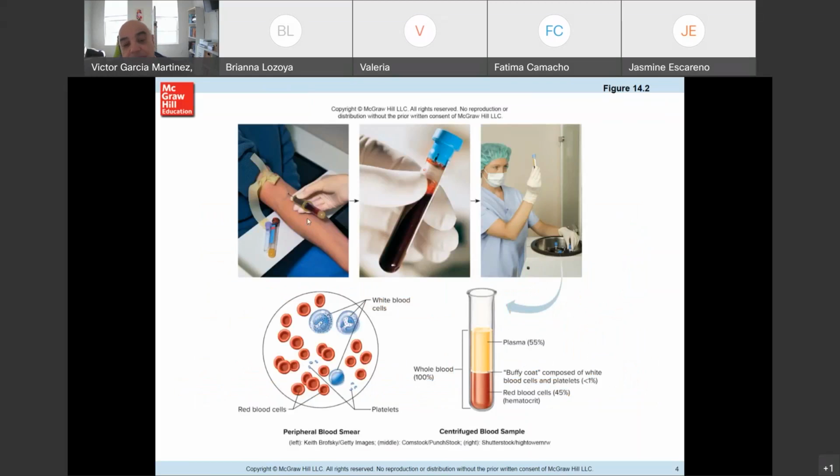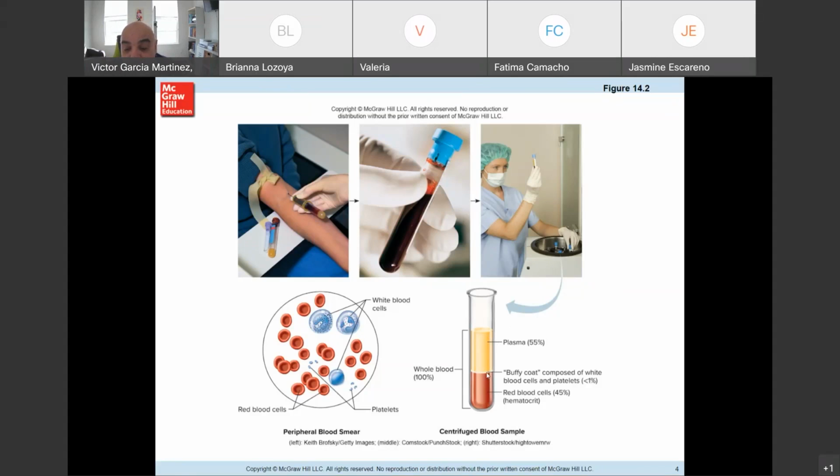Again, we can divide our blood in two parts after centrifugation. When you draw blood, you put it in a tube and then in a centrifuge. If you remember experiment number 2 in the lab manual, we centrifuged our blood at 3,000 revolutions per minute for 5 minutes, and we were able to separate the blood in two parts: the liquid part, plasma, and the solid part, the formed cells.